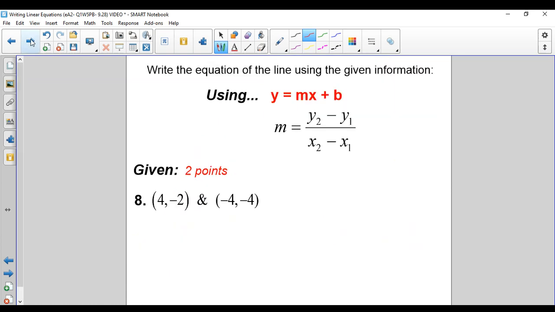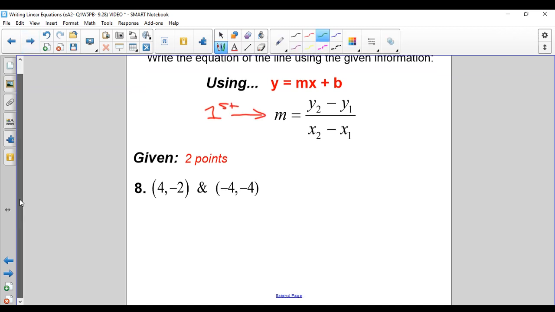Second example, I'm going to go back to the slope-intercept form. Still got to find the slope first. So the first thing we got to do again is find the slope. Plug them in however you want. So I'm not going to label them. Let's check this out. I'm going to go -2 minus -4.